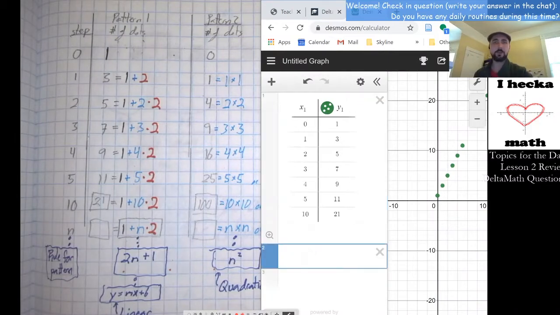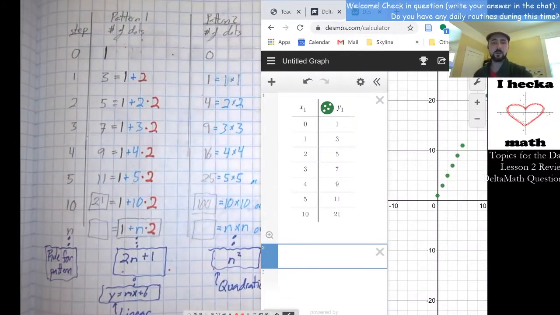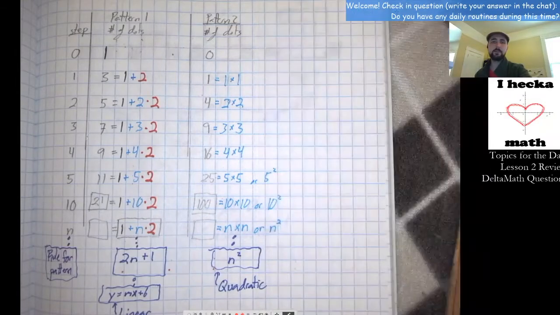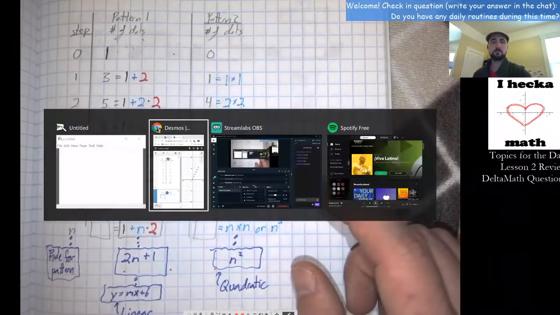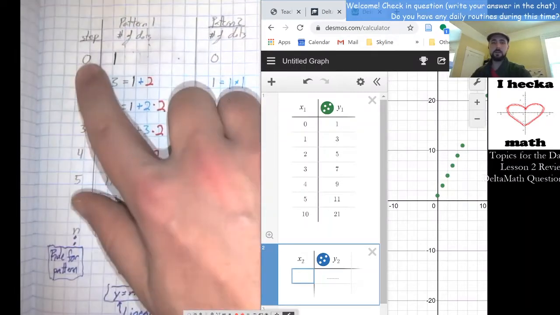And then I'm going to do the same thing, but for pattern number 2. So T-A-B-L-E, and this will be blue. So again, the x values are going to be the step numbers here.